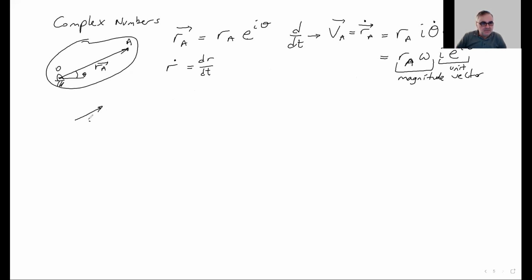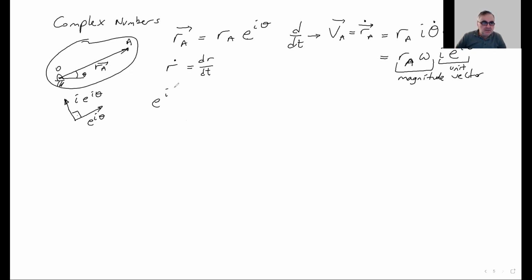If this is e to the I theta, then this unit vector will be I times e to the I theta. So multiplying by I means rotating 90 degrees counterclockwise, and it's not too hard to show this.